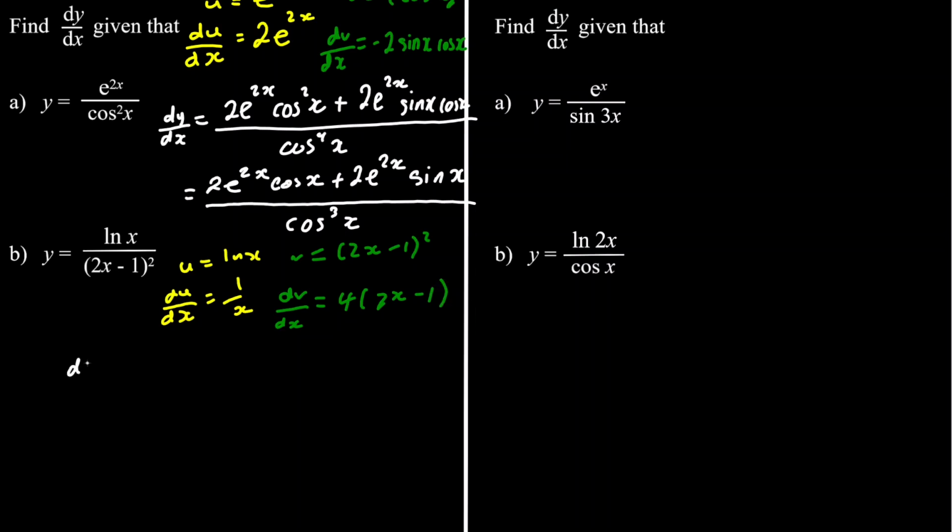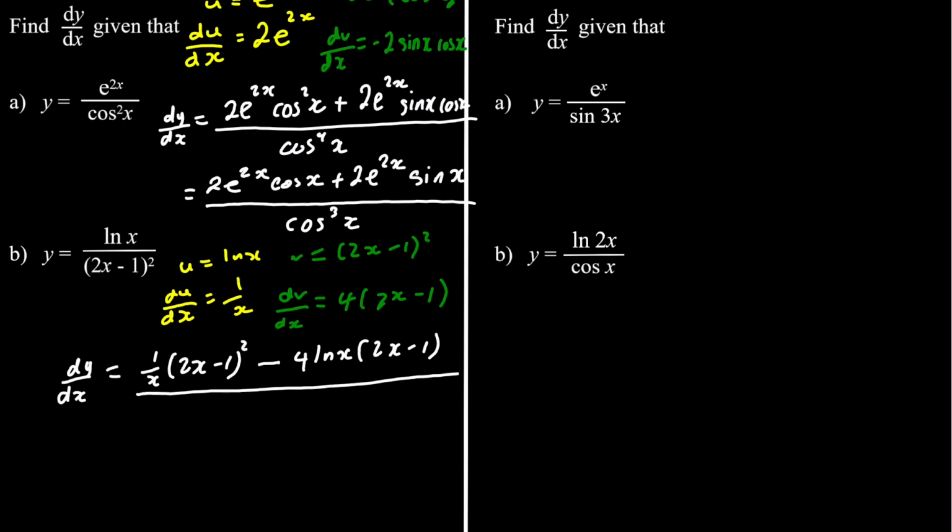And then dy dx is v du dx, so 1 over x times 2x minus 1 squared, minus u dv dx, 4 log x times 2x minus 1 over v squared, which is 2x minus 1 to the power of 4. So we're going to want to divide through by 2x minus 1.